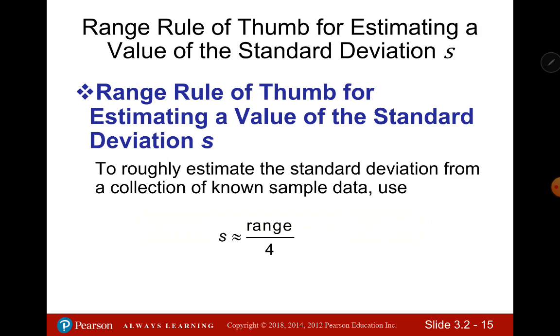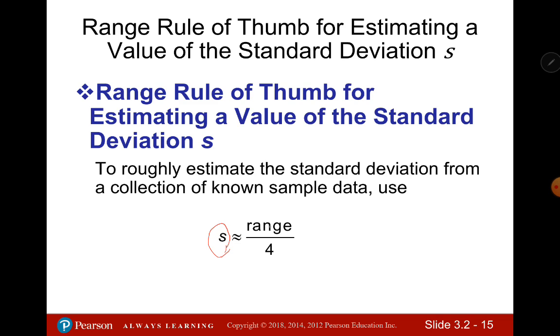Sometimes we cannot get the exact number for S. If we cannot get the exact standard deviation, which means some values or some information are missing, then we cannot get the exact value of the standard deviation.